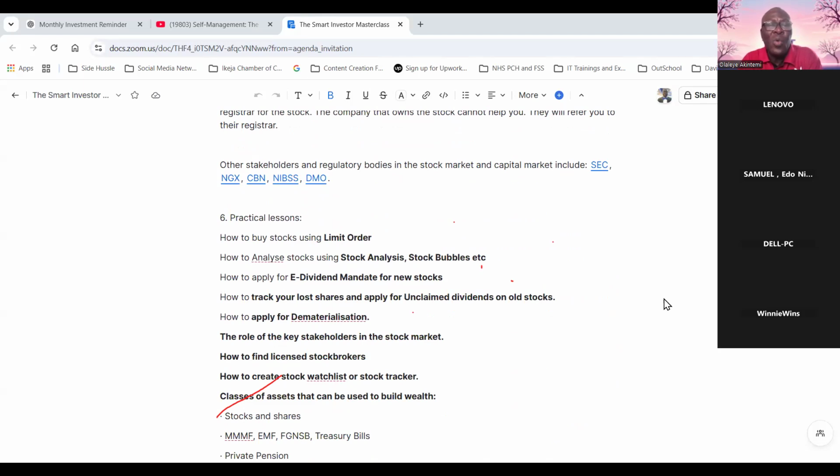I'm not sure whether we should do that first one today, because I am of the opinion that when we do this, ideally we should do it when the market is open, so that you can actually see what is being offered and what people are bidding, and then we can do a live demonstration. Maybe I can use the opportunity to show you a live demonstration, even if it is to buy one stock, so you can see it practically.